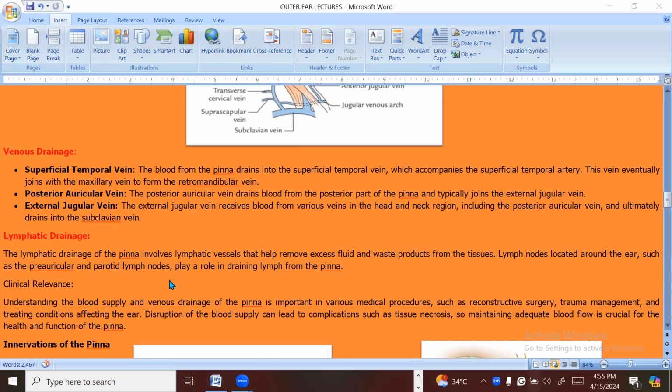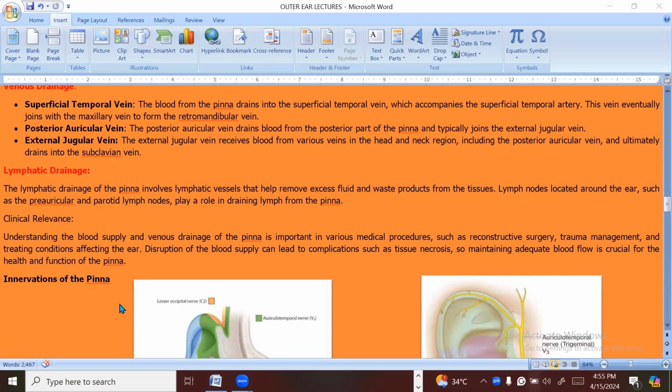Okay. So what is the clinical relevance of knowing about the arterial supply, venous drainage, and lymphatic drainage? One is, when we understand the blood supply and venous drainage of the pinna, it becomes important when we perform certain medical procedures, such as reconstructive surgery, trauma management, burn management of the ear, and treating conditions affecting the ear.